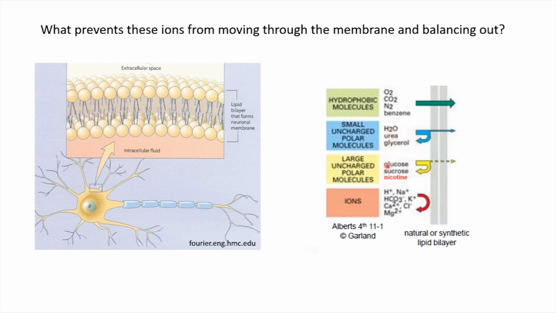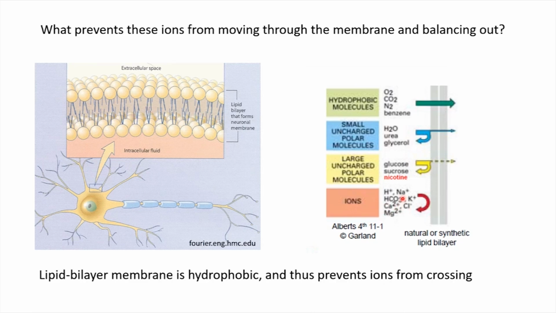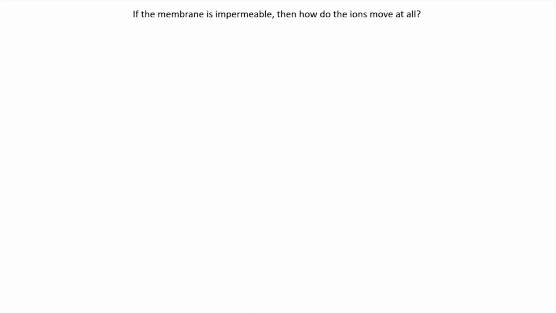But large molecules or even ions, which may be small but have charge, cannot pass through this hydrophobic core of the membrane. So this is what basically prevents the ions from crossing the membrane barrier and balancing out the concentrations.